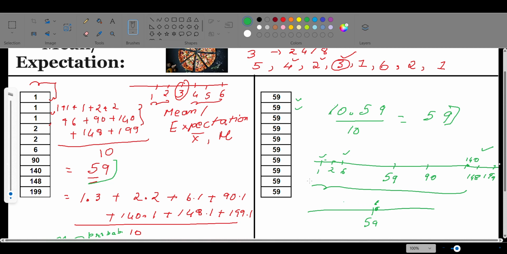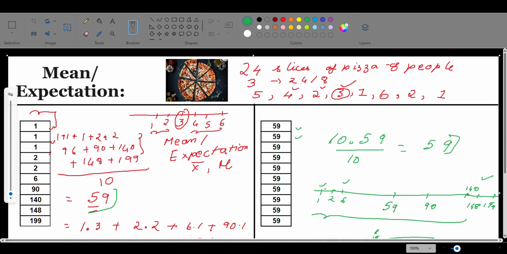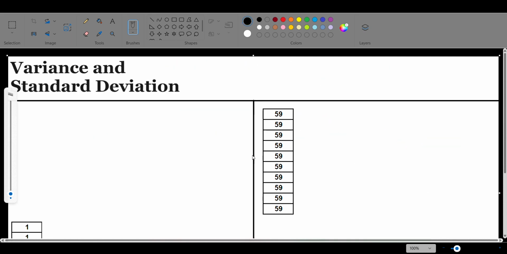This also tells us that just finding out the mean of a data set does not give us enough information about the data set. It gives us a little bit, it gives us a basic understanding of the data set, but does not give us enough information. Therefore, in these cases, we can also use another mathematical tool called the variance of a data set. So let's discuss that.